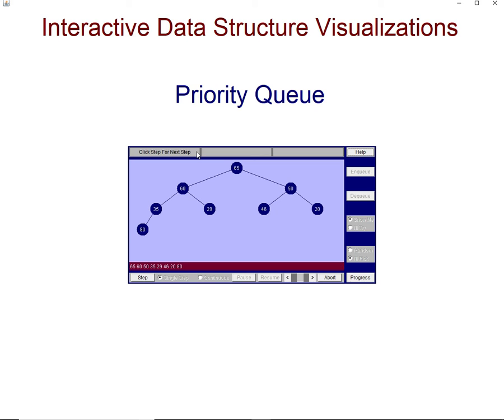This time, the tree is no longer a heap, so let's click the Step button. Notice that the value in that node was swapped with its parent because the value in its parent was smaller, but it's still not a heap, so let's click Step once more. But it's still not a heap, so let's click Step one final time. Now it is again a heap.